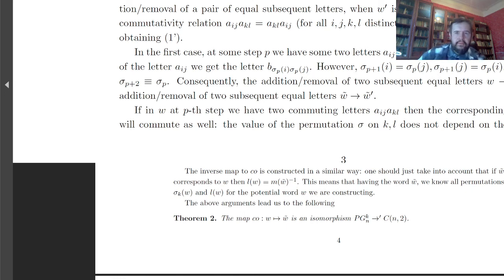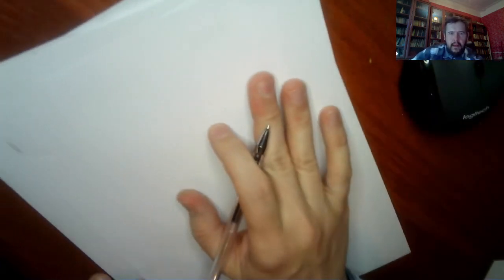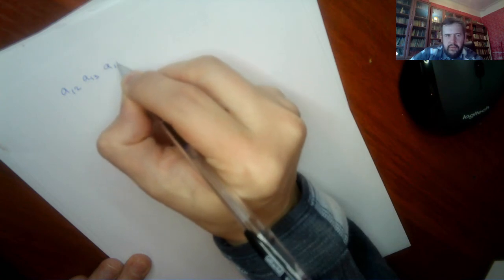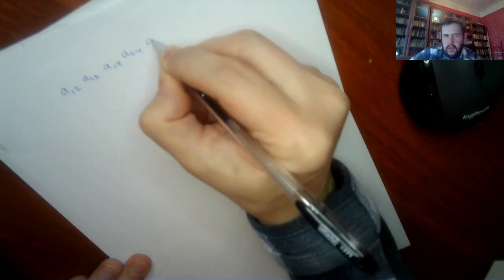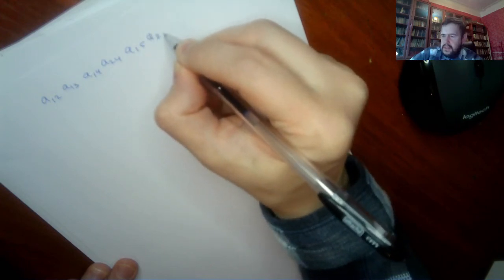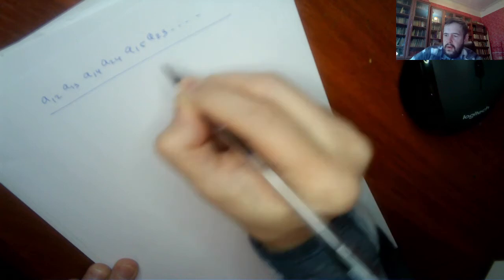A12, A13, A14, A24, A15, whatever. We can have many, say A23 and so on. Now I start rewriting it.